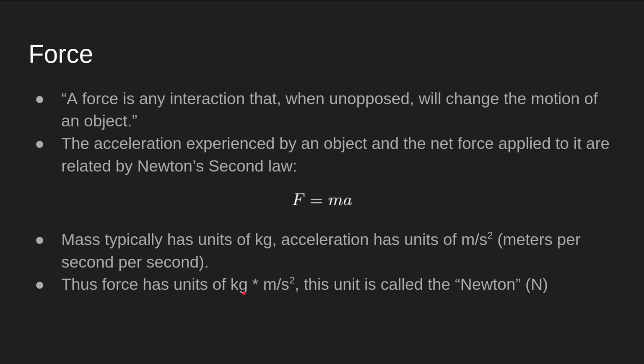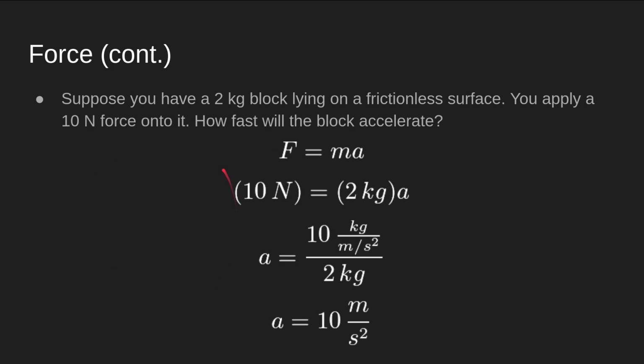Now we'll do a quick example problem just to solidify these concepts. Let's say you have a 2 kilogram block lying on a frictionless surface, maybe like ice or something like that, and you apply a 10 Newton force onto it. How fast will the block accelerate? We just plug them right into our F equals ma equation.